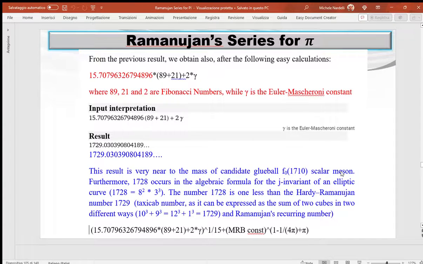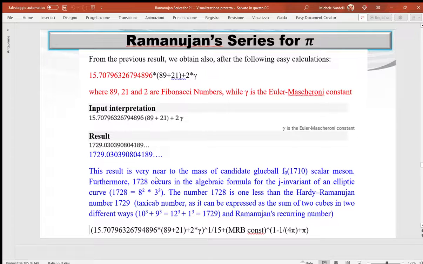glueball, scalar meson f0(1710) and 1729. We remember that is the so-called Hardy-Ramanujan number.